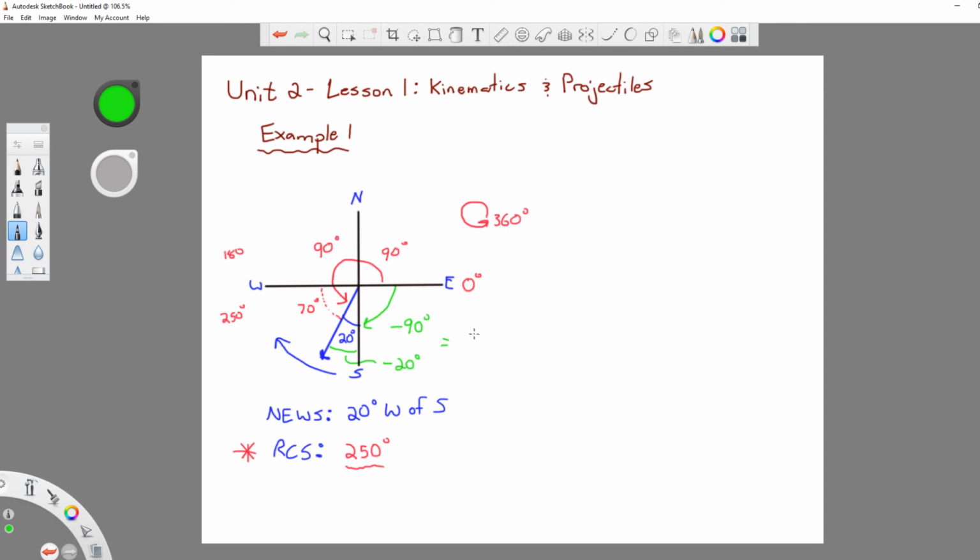These together are going to be negative 110 degrees. So this 250 degrees can also be expressed as negative 110 degrees. Anyways, those are the answers to this problem.